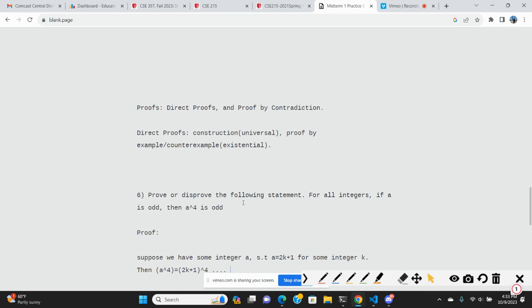And do some algebraic math, then you end up with (2k plus 1) to the fourth is equal to 16k to the fourth plus 32k cubed plus 24k squared plus 8k plus 1.